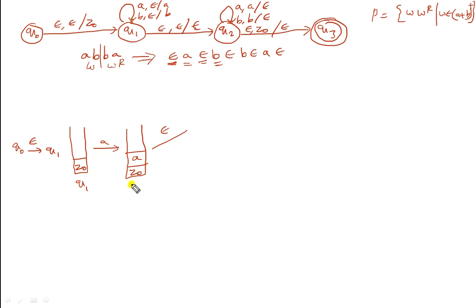Q1 on A, the same state Q1 itself. Okay. So now Q1 on epsilon, what is the state? Resultant state is Q2. And what do we need to perform? We need to perform nothing. Okay. The stack position will be the same, because here you can see epsilon, nothing is popped, nothing is pushed. So the status of the stack will be the same, Z0 A.